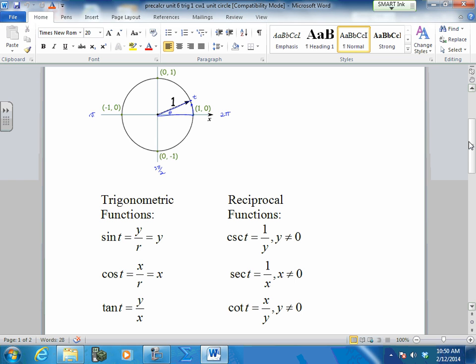This is why I said that we need to go to x's and y's. The easiest way to do this is we locate on our unit circle where our triangle resides. We find our x, our y, and our r, and we can find any trig function that we need to find. Now, what's unique about your unit circle is your radius is 1.